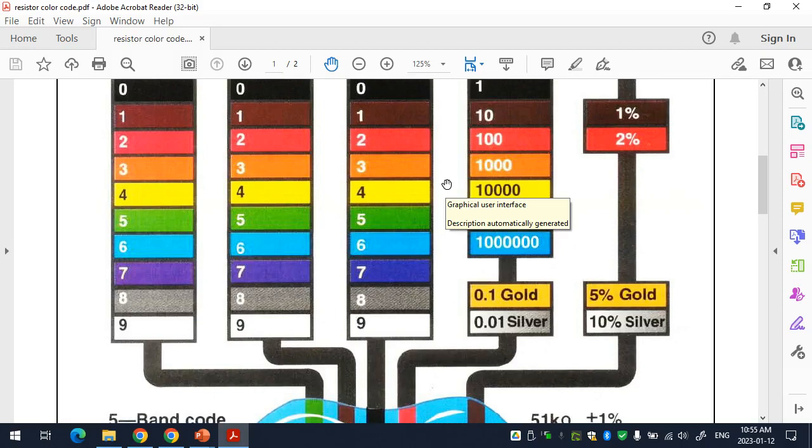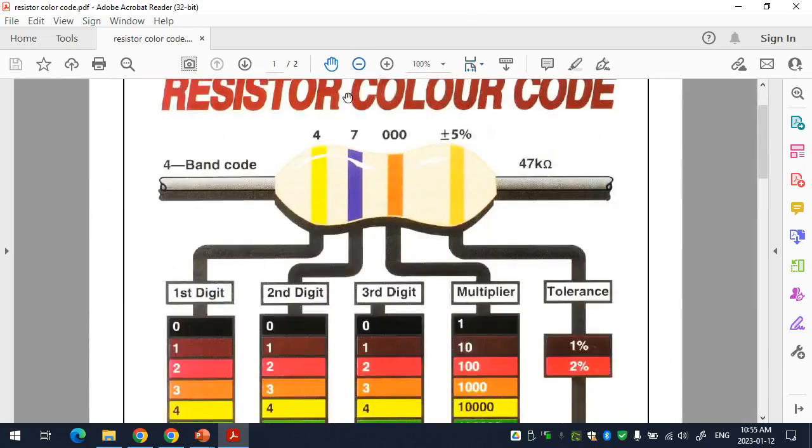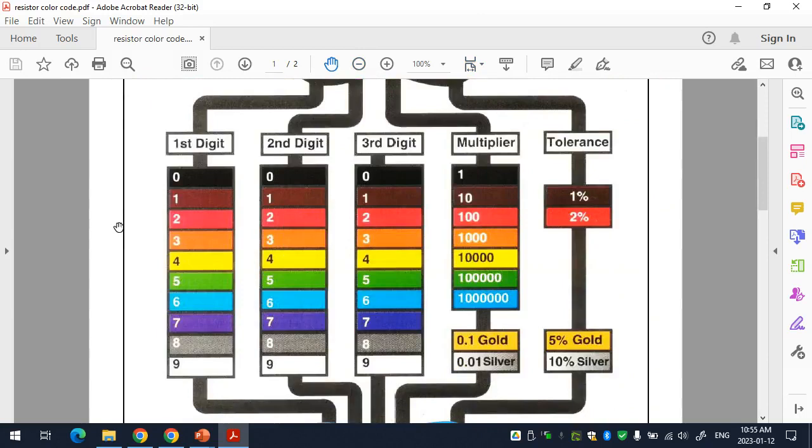Okay, Walid, what do you see? Forget the silver. Red, red, black. What does that mean? How big is this resistance? The first color is just the first digit.